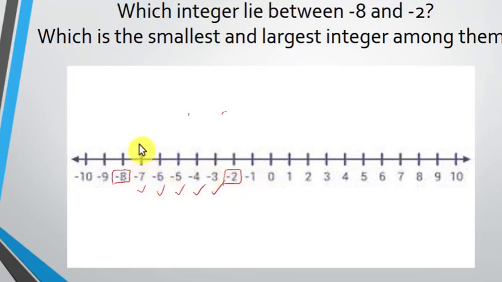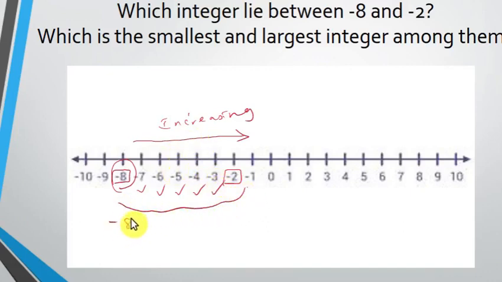I told you when we are moving to the right side of the number line, the value will be increasing. So which is the smallest and largest integer among them? -8 is smaller. -2 is the largest integer among these.